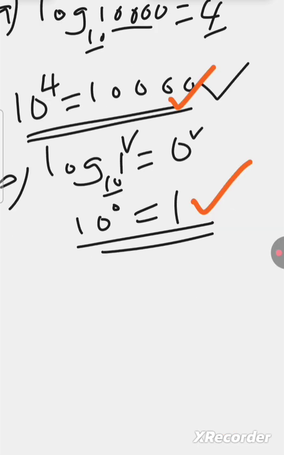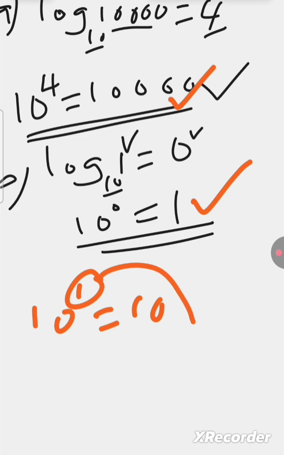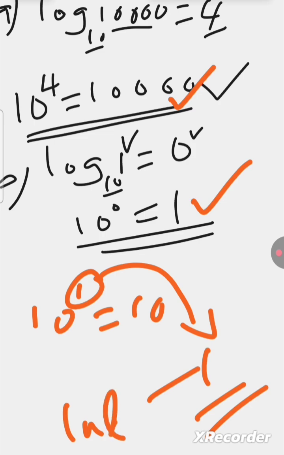If you are given 10 power 1 equals 10, then 1 is our logarithm of that number. So 1 is our log, and 1 is also referred to as the index. That is one thing that you need to remember always.